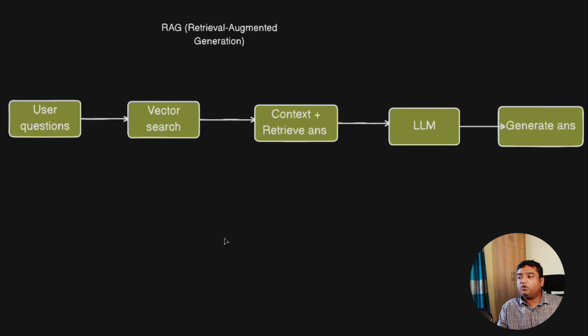Plus, if you want data which is live, in a recent format, for example you want to check the stock price of a particular share, RAG cannot do that, because RAG searching is done on the vector embedding. So how fresh your vector embedding is will decide the relevance of your answer.